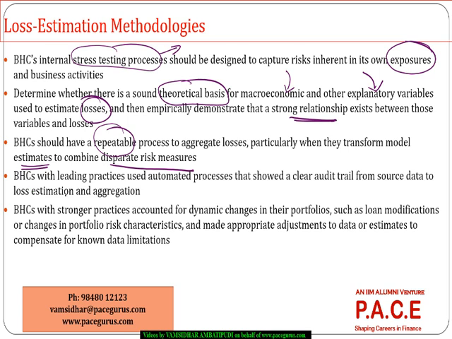And now, what is typically followed? Especially all those BHCs which have good policies and procedures in place, they use automation for all these activities. And as a part of that tool, technology that they are using, there is a clear audit trail also, which clearly says right from step 1, right from the source data till the loss estimation and aggregation, there is a clear set of activities and steps which go into the calculation, and they are all clearly documented.